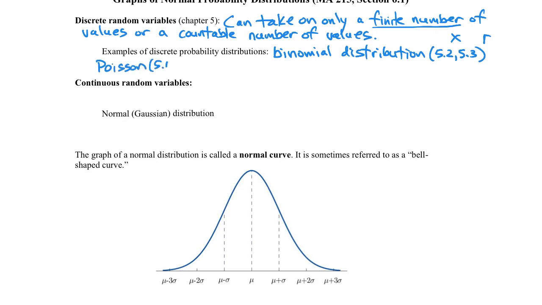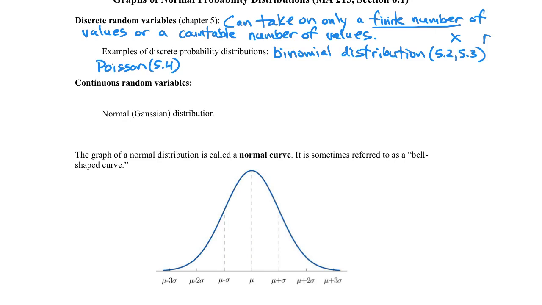It's actually covered in our book in 5.4, and it's used to model wait times in lines for call centers or at the bank, grocery stores. So it's a fairly popular one. The binomial distribution is probably the most popular discrete distribution, which is why we study it.